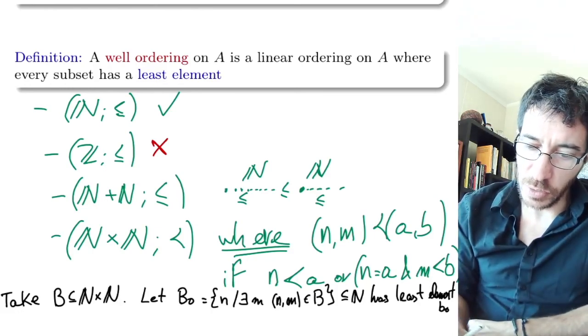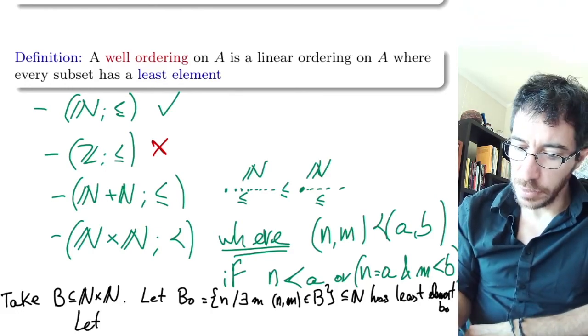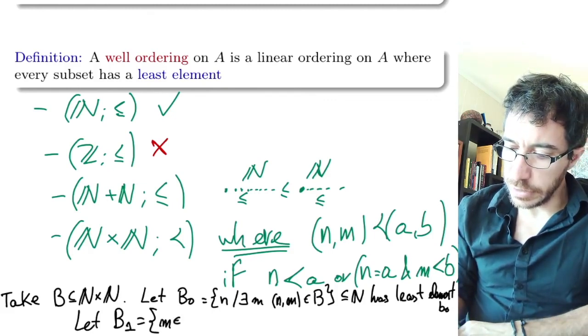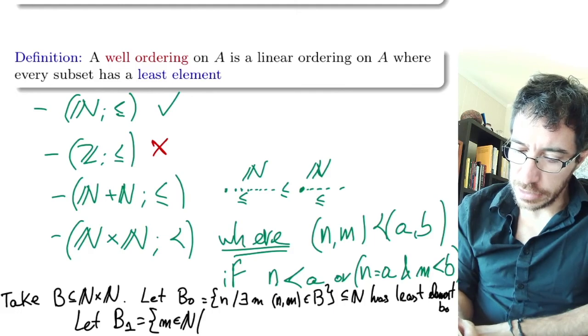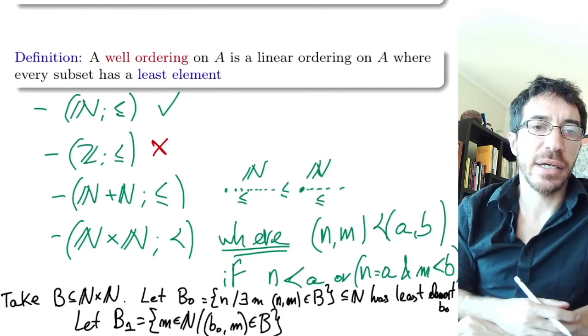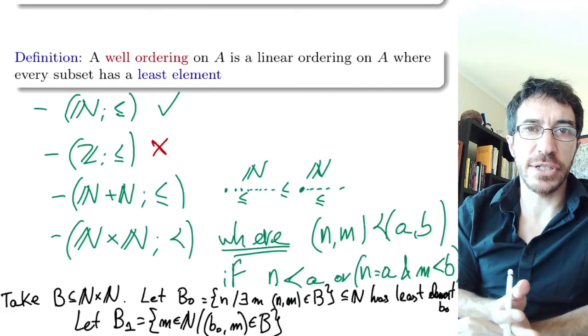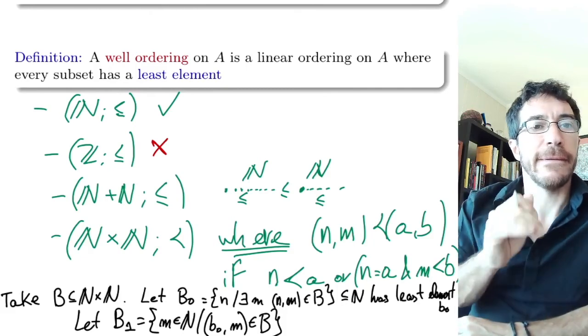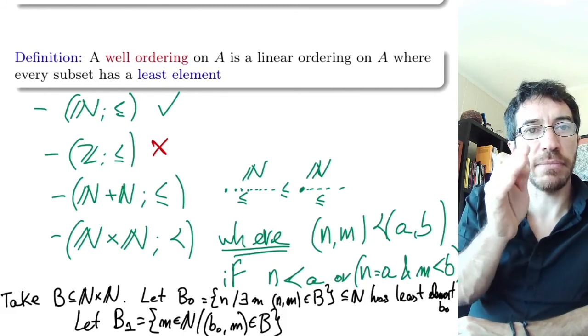And now we have to look at the second coordinates. Now let B1 be the set of all m's in the natural numbers such that (b0, m) belongs to B. This set B may have many elements that have first coordinate b0. Those are going to be the smallest ones, because if you have a larger first coordinate, you're bigger. So look at the ones that have first coordinate b0.